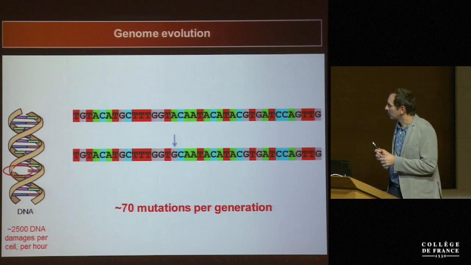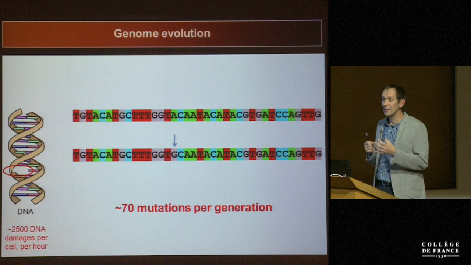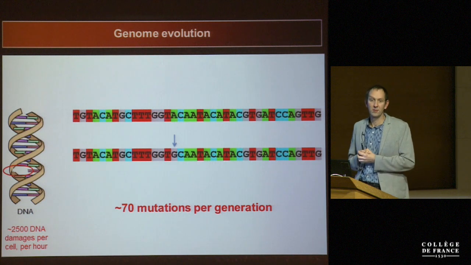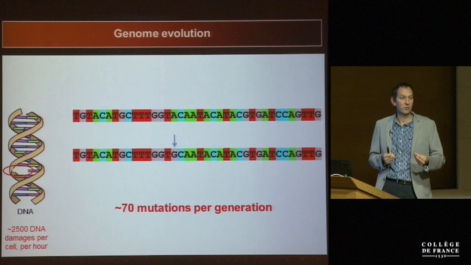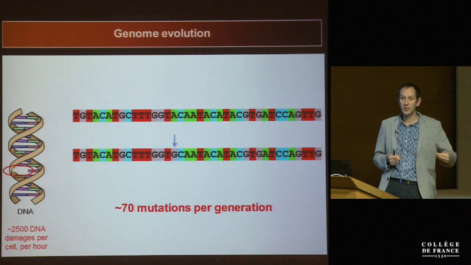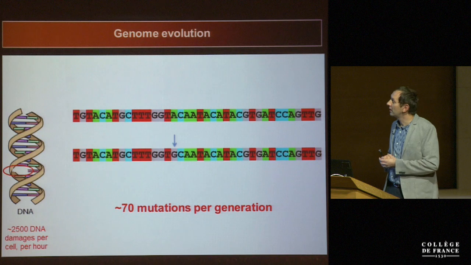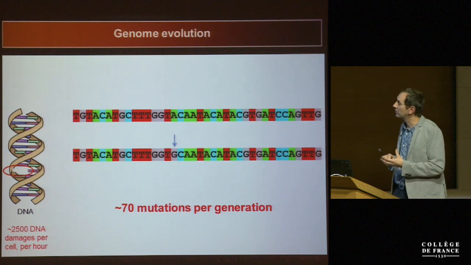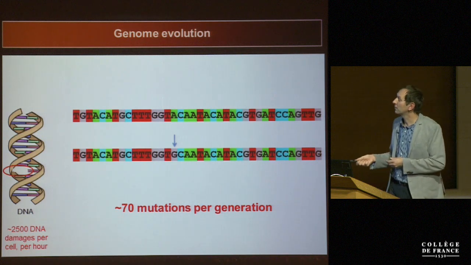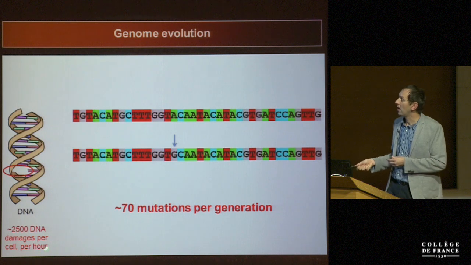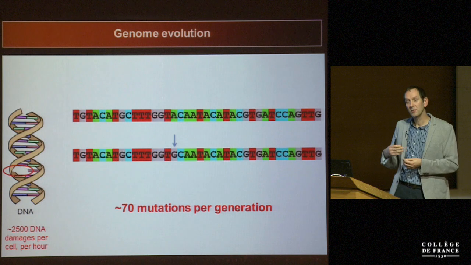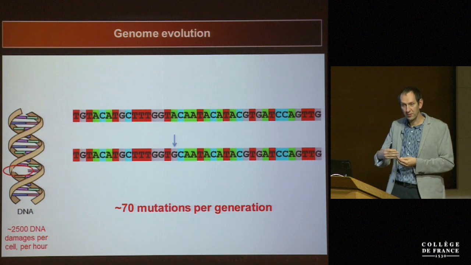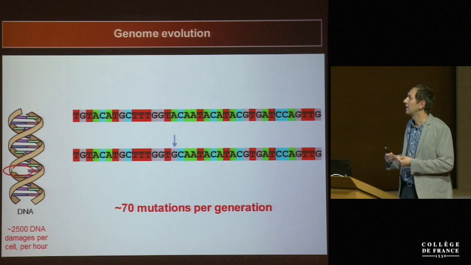Now, what's important to understand about DNA is that it is a very stable molecule. As it carries the genetic information, nature has to make sure that it remains stable from generation to generation. Nonetheless, in every living cell, there are thousands of damage events per hour, about 2,000 to 3,000. The organism is constantly repairing these damages to make sure that the DNA remains intact.